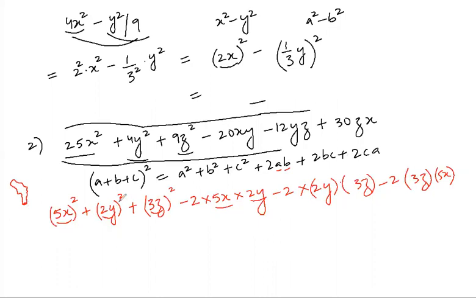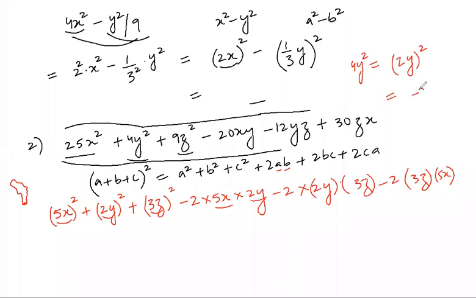Can anyone suggest what we should change? So basically, you see students, 4y square is here. 4y square can be written as 2y whole square.